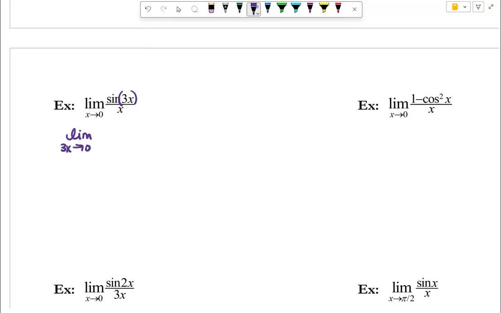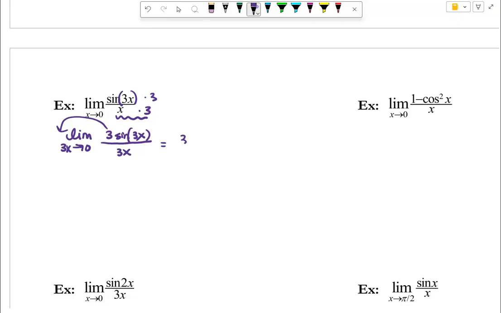And I'm going to take my function here and multiply the top and the bottom by 3. The reason I'm doing that is to make this denominator, 3x, be the same as our input to our sine function. So I get 3 times the sine of 3x as my numerator over 3x as my denominator. And I could also think of this as, I could pull this 3 out front.